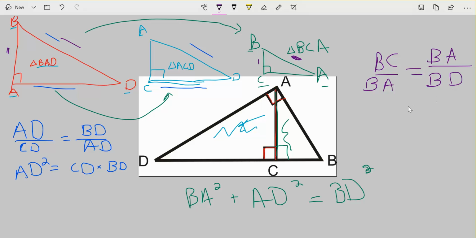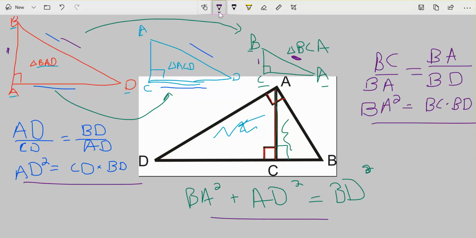Then again, I'm going to cross multiply, and that means that BA squared is equal to BC times BD. Okay, so now I've got this, and I've got this, and I want to use those to prove that.